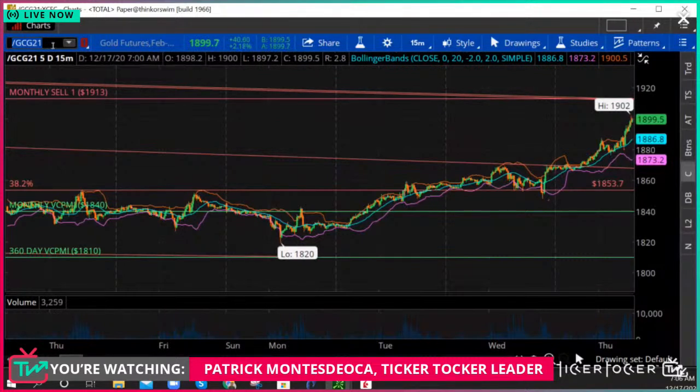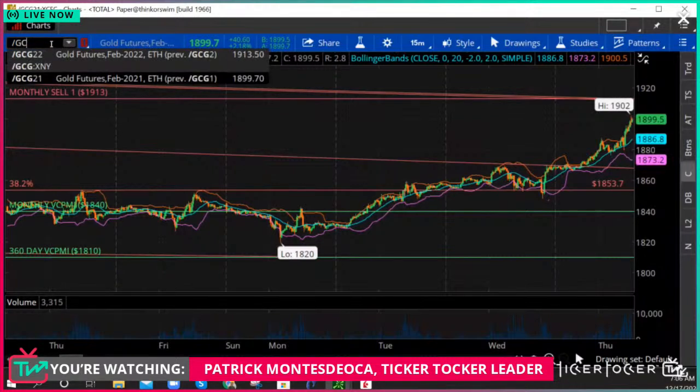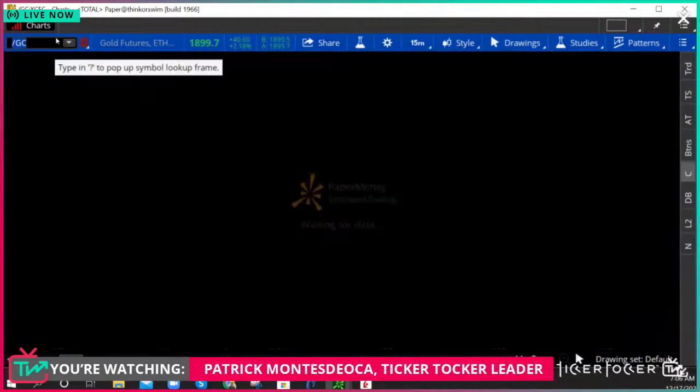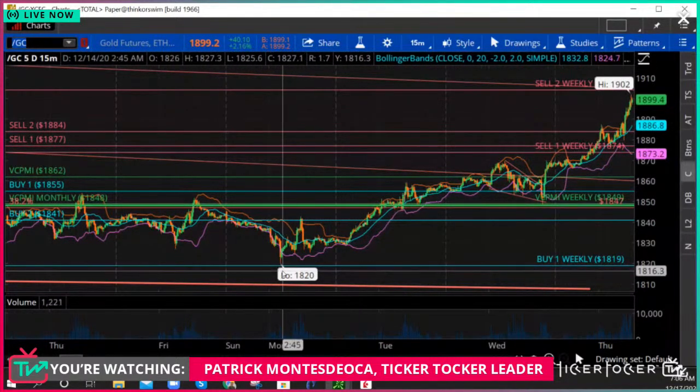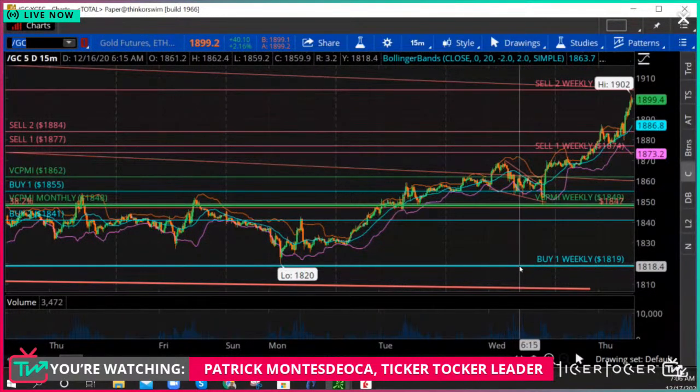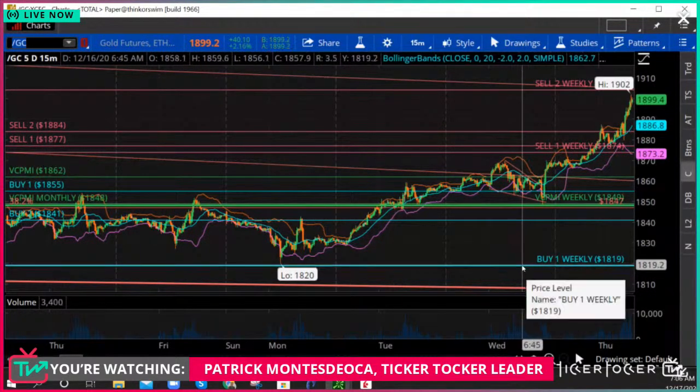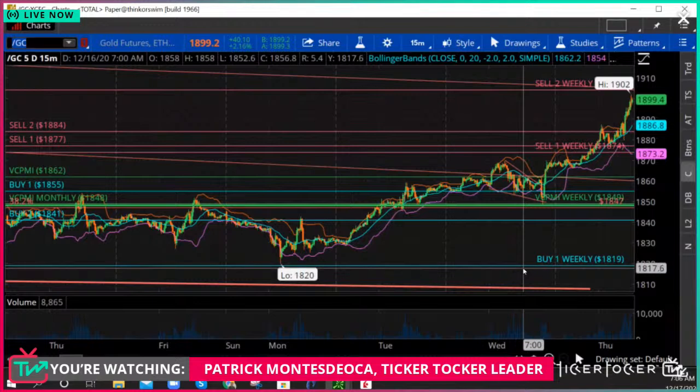So we obviously have broken through the market on the short term. We came down to 1820. We've had this buy one weekly target all week at 1819. It was published Saturday for the benefit of our subscribers, our traders, in our private trading room.